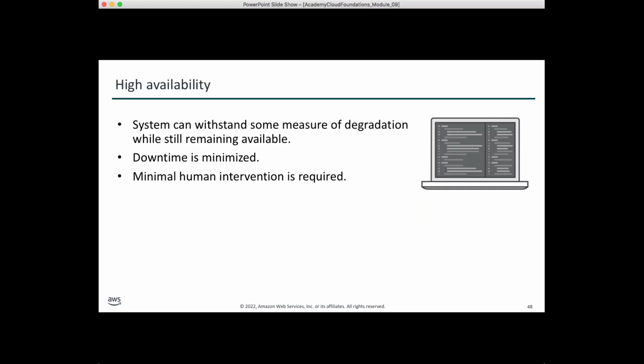It is a business decision, depending on what kind of business you are running, to find that acceptable measure of degradation. The system can degrade but still be available.